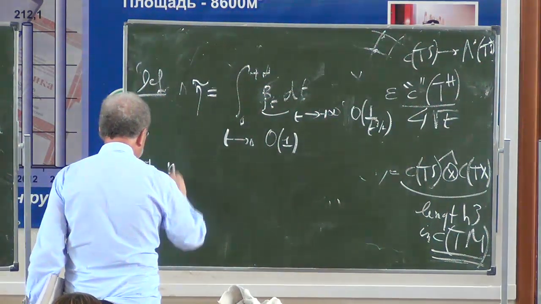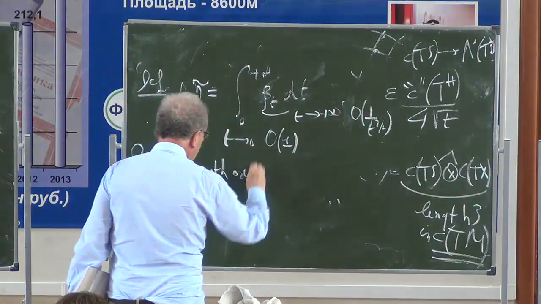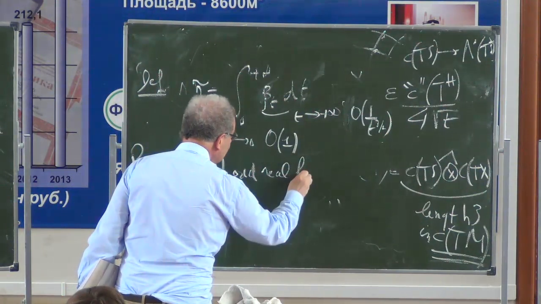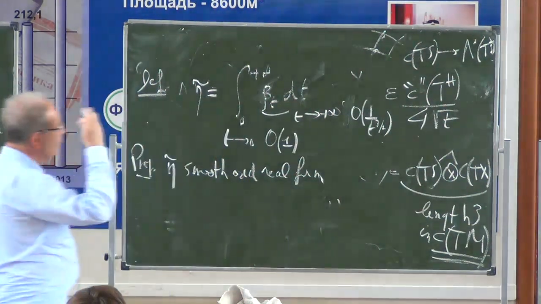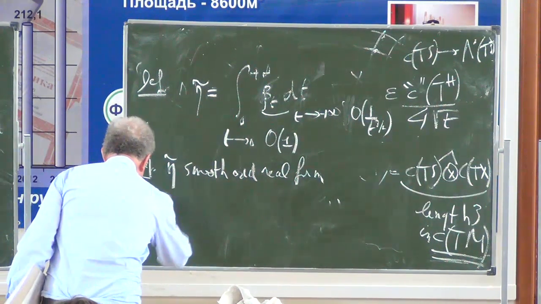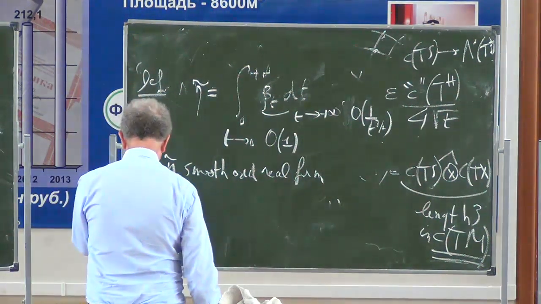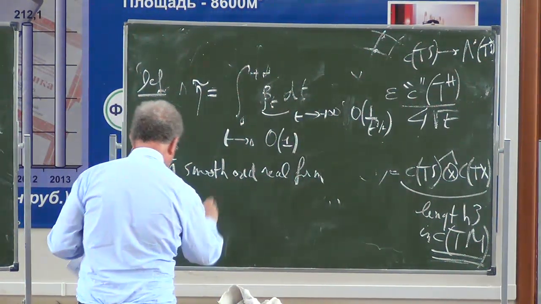So eta tilde is a smooth, odd, real form. To make these things real, I would have to introduce the powers of 2 i pi, but I don't want to, since this would complicate things unnecessarily. And we have d eta tilde equal to alpha 0 minus alpha infinity.